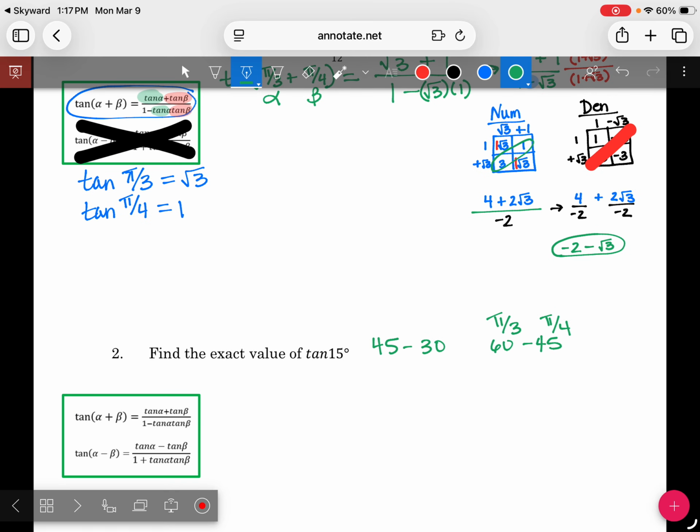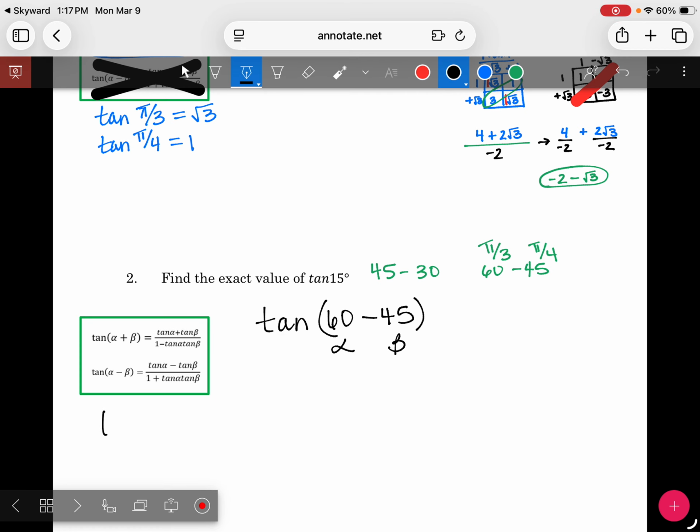So I'm going to do tangent of 60 minus 45. This is alpha, this is beta. So tangent of 60, we already figured out, is just the square root of 3. And the tangent of 45 is 1.